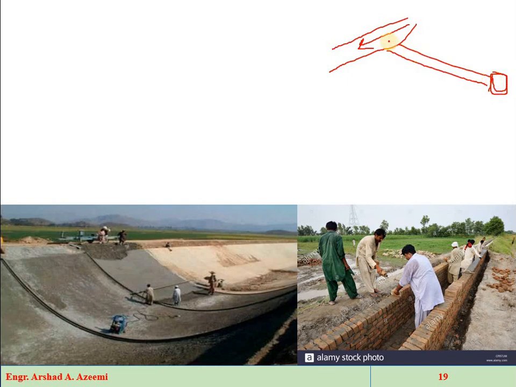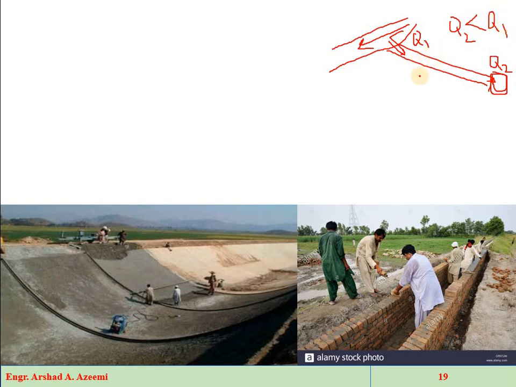If you enter some amount of water into the canal, for example Q1, then the water available at the head of the field will be Q2. It means that the discharge at the head of the field will be less than the discharge at the head of the canal.